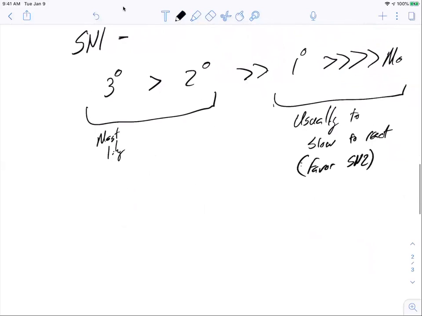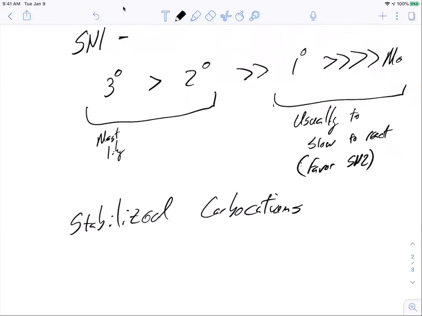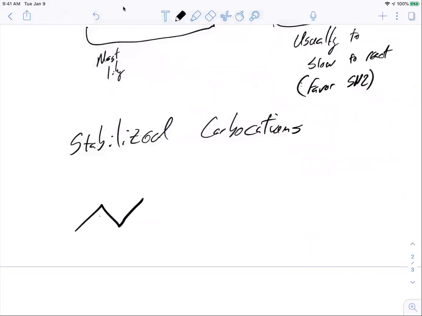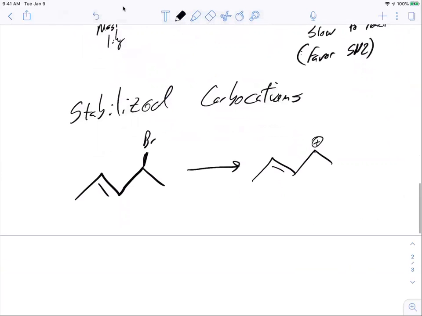The other thing we can have is stabilized carbocations. So if we have something like this, we can go to this carbocation, but this carbocation has a resonance structure.